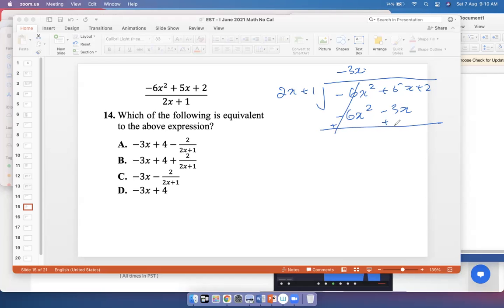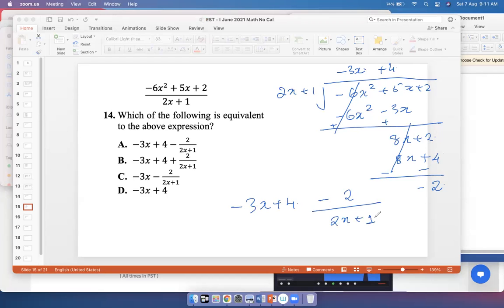So this cancels. 8x plus 2. So then I do plus 4. So this becomes 8x plus 4 minus minus. So this cancels, minus 2. So then I get minus 3x plus 4 minus 2 divided by 2x plus 1. So minus 3x plus 4 minus 2 divided by 2x plus 1, option A.